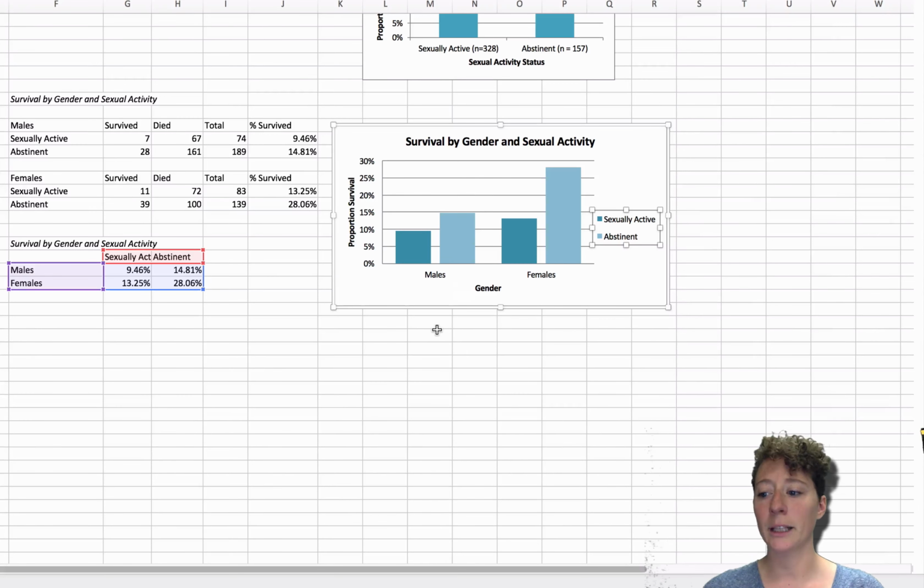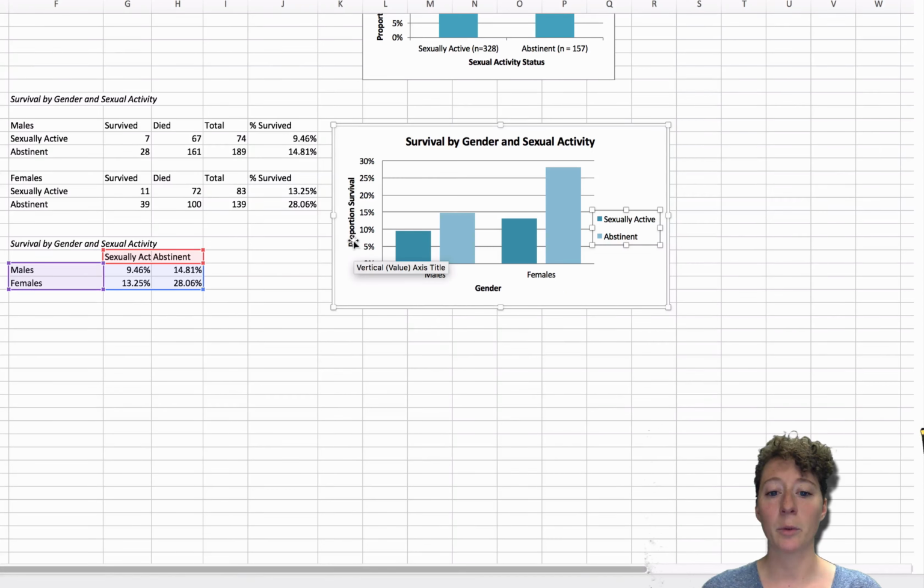I'm going to go through my checklist again because, again, I want to make sure that everything looks nice before I put it into my graph. I have a nice descriptive title where I have my outcome variable, survival, by my 2 predictor variables, gender and sexual activity. That's pretty straightforward. Both of my axes have labels.